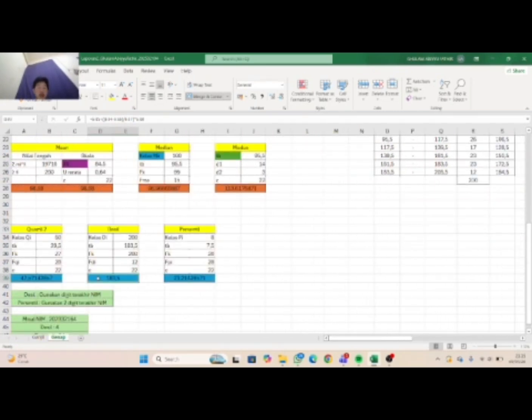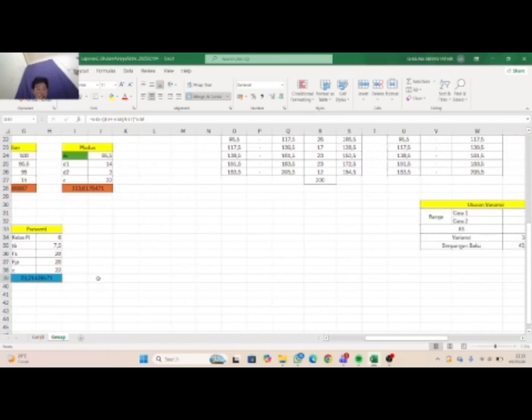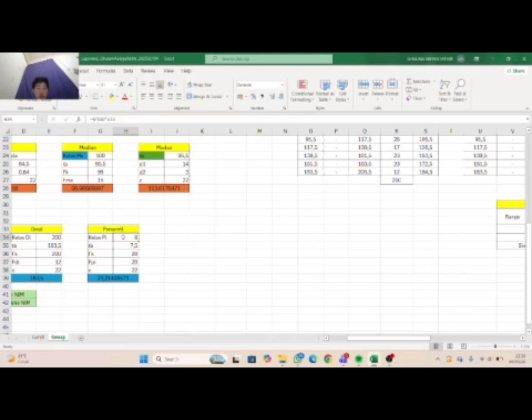And next, I calculate the percentile. In my case, because the last number of my student ID is 04, I just use 4. Percentiles are used to divide the data into 100 equal parts.